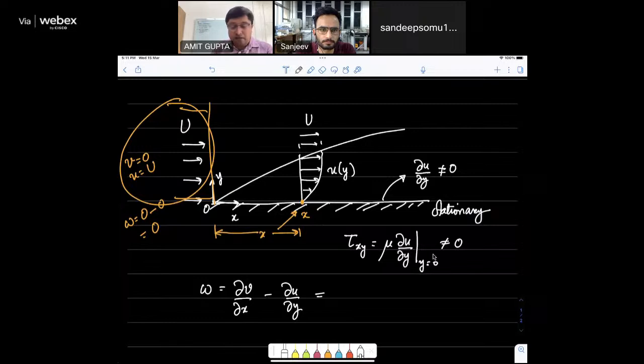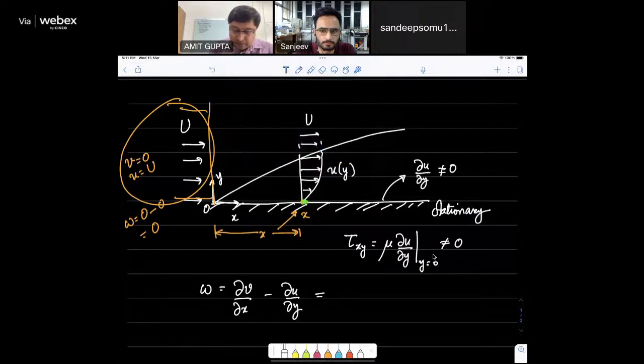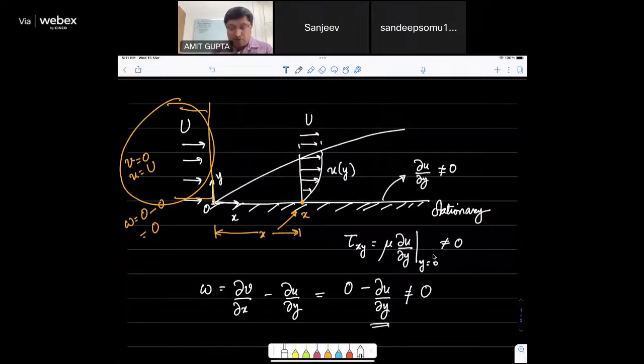If I move along this surface, taking a small element in this direction, dv/dx is 0, because the velocity v is still 0. It's 0 everywhere on this plate. So dv/dx is 0, but for du/dy, there's a sudden change in velocity, right? It goes from 0 to something else. So this is not 0, and so omega is not equal to 0. There's a finite du/dy. So vorticity is not 0.